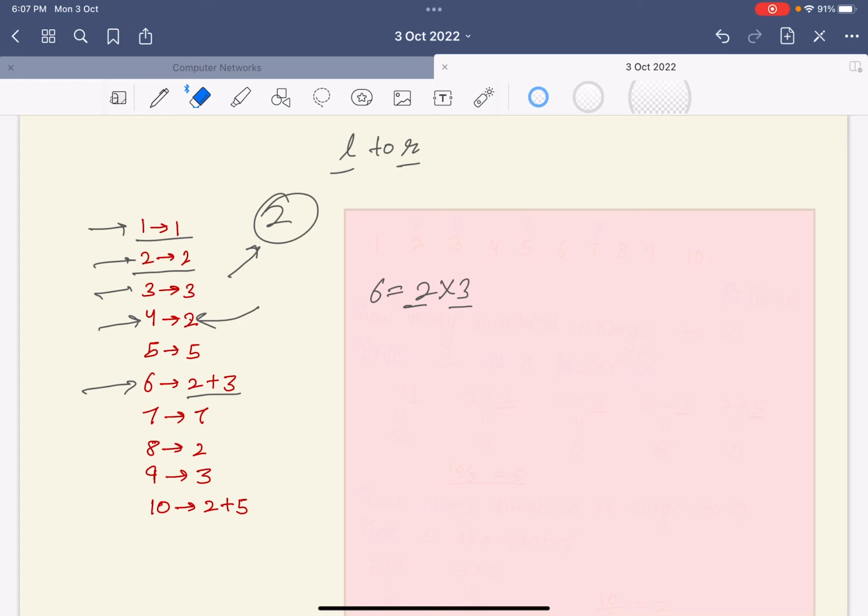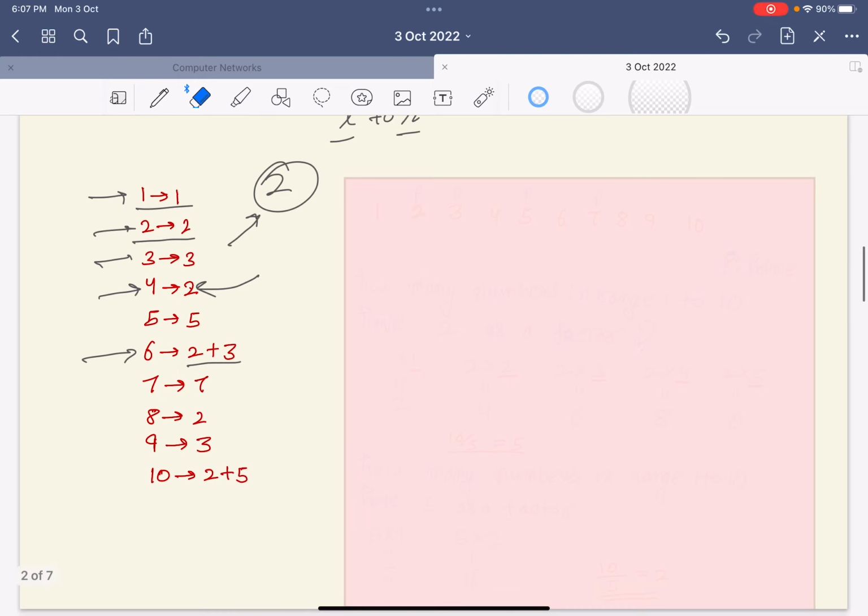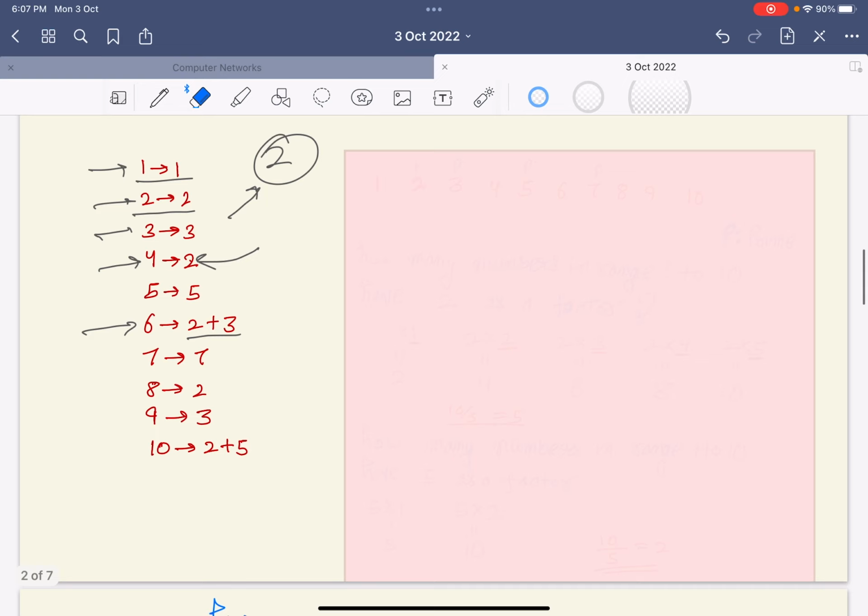So this is the notion that we are representing composite numbers as a sum of their distinct prime factors. No matter how many times a prime number occurs in the product, we will only take it once. The prime factors of 10 are 2 and 5, so it will be represented as 2 plus 5.